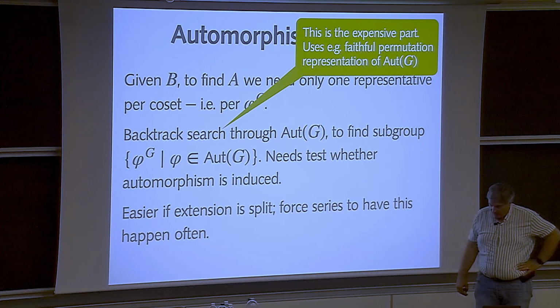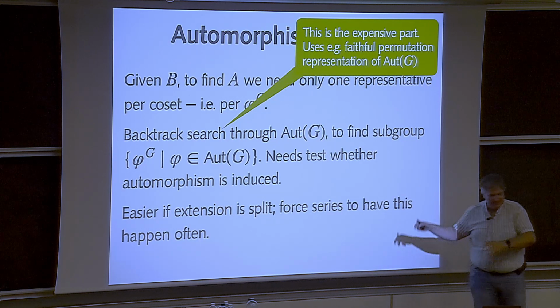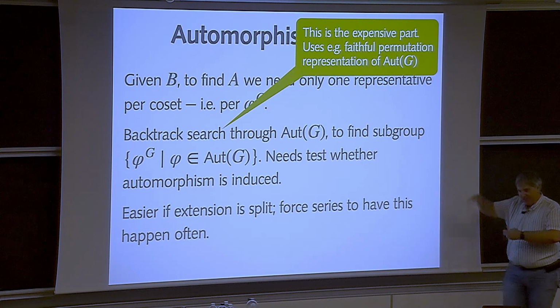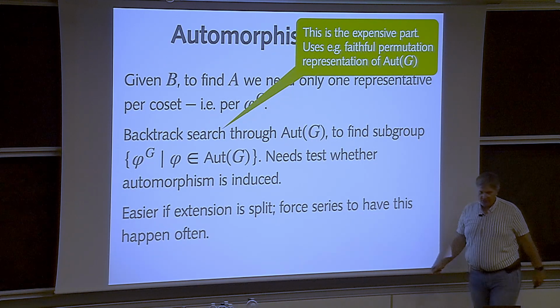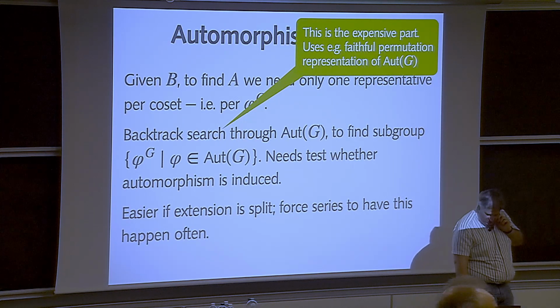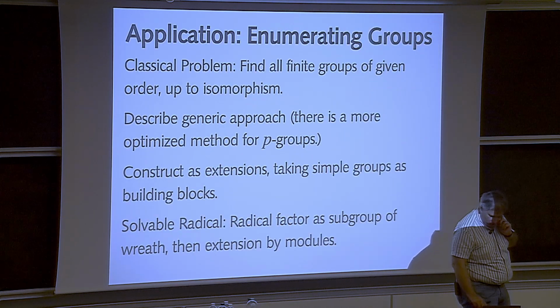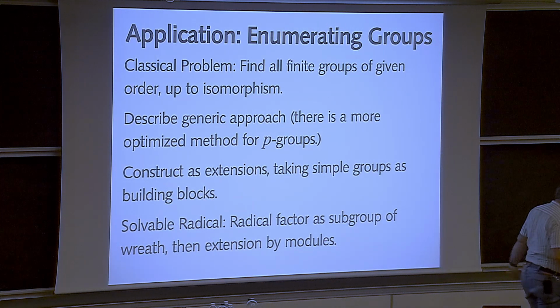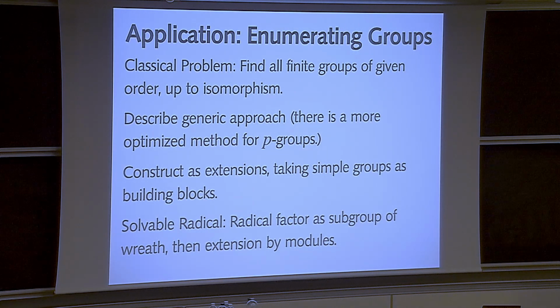We now have, at least behind the curtain, a whole battery of routines for calculating with groups. I want to finish by looking at a concrete problem. Bettina already mentioned that problem earlier today: the question of how we can enumerate all groups of a given order.